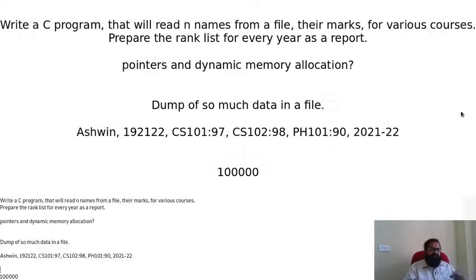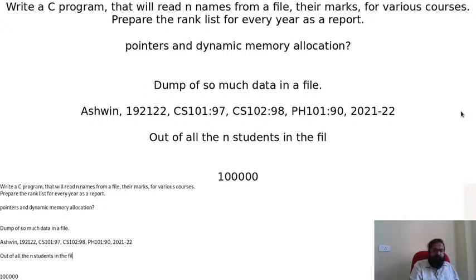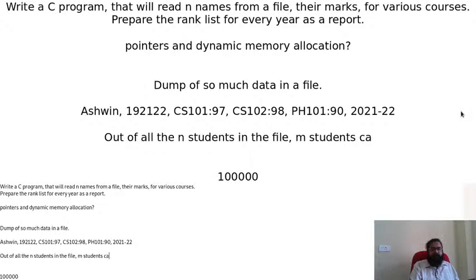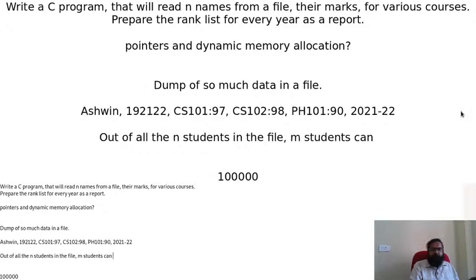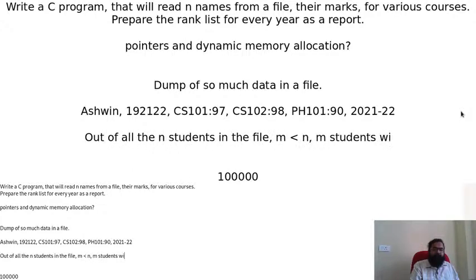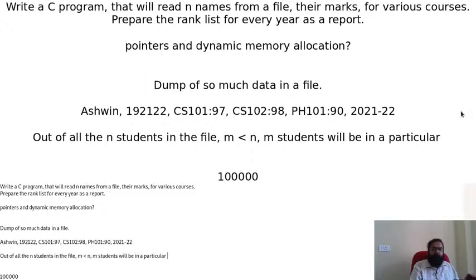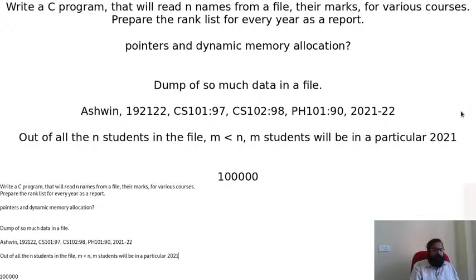Say for example, out of all the n students in the file, m students, with m less than n, will be in a particular 2021-22 batch.